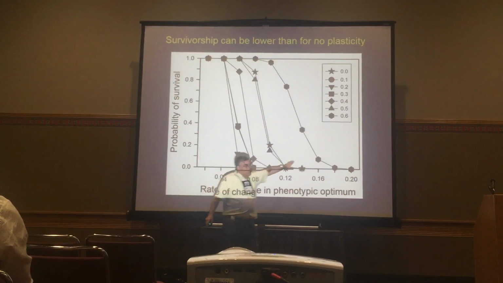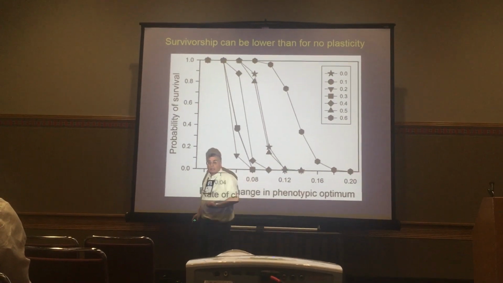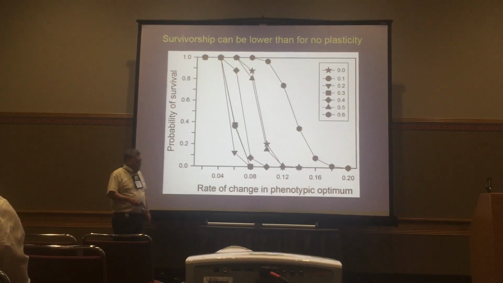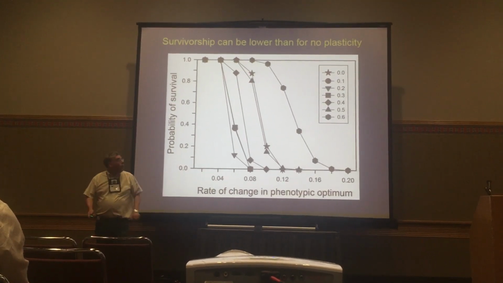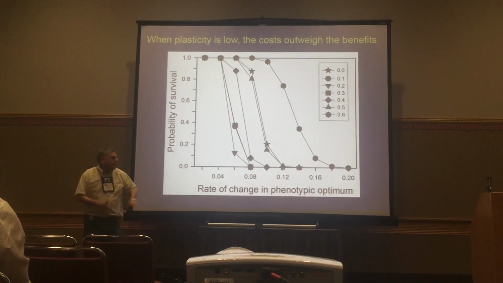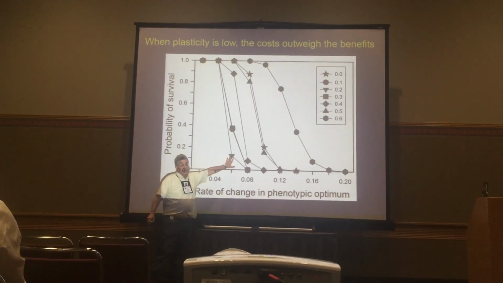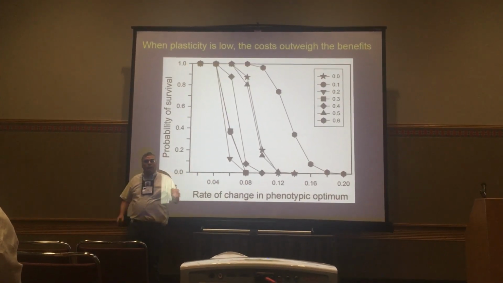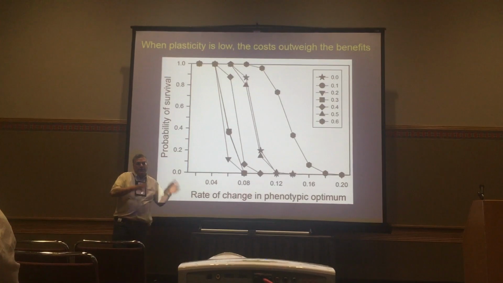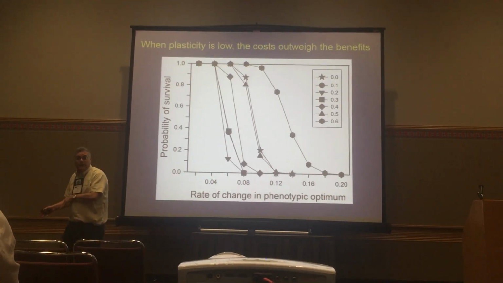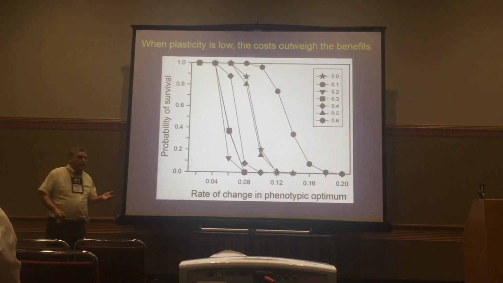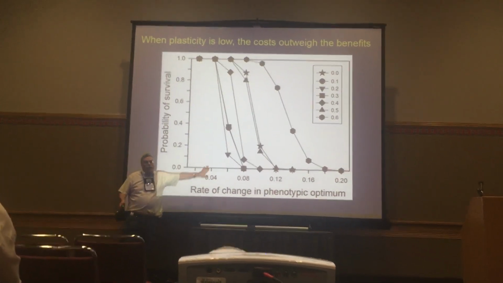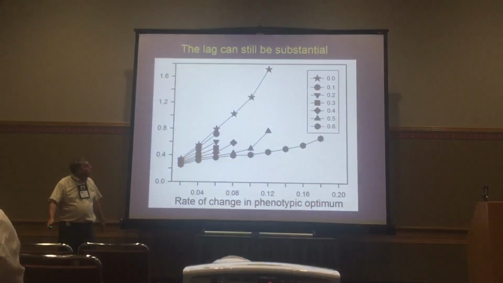And it's only once you have relatively high rates of plasticity that you actually do better than not being plastic. And the reason is quite simple. There's a cost to this plasticity that doesn't actually give you enough benefit. So the cost of plasticity is outweighing the benefits of that plasticity. Unless the plasticity is relatively large, you're actually better off not being plastic at all.